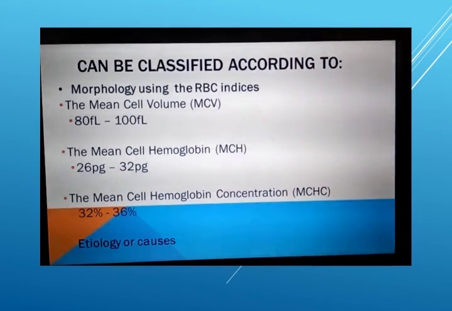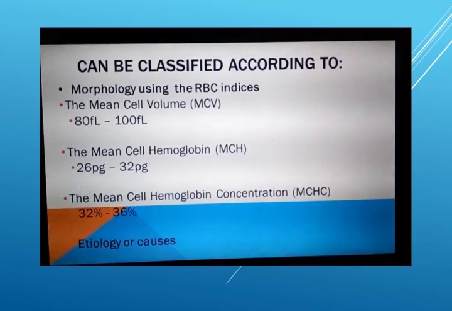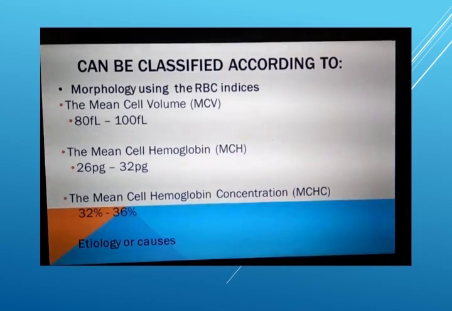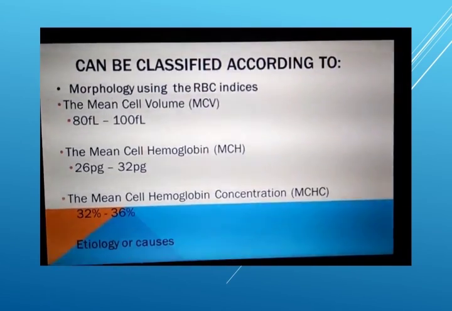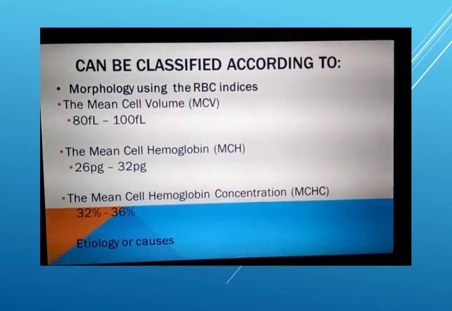When these RBC indices decrease or increase, we might have abnormal RBCs, which don't have the capability to transport oxygen or body nutrients in our body, and might be positive with anemia.